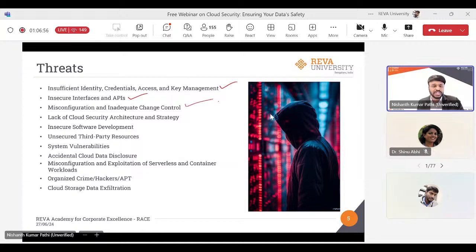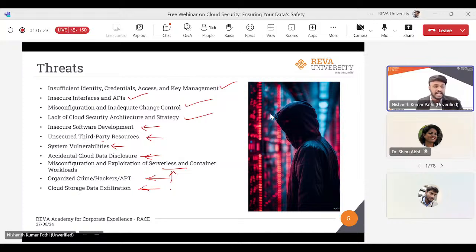Misconfiguration and inadequate change control, lack of cloud security architecture and strategy, insecure software development, unsecured third-party resources. We'll understand each of these threats. System vulnerabilities, accidental data disclosure, misconfiguration of serverless containers, or an APT attack, and data exfiltration.